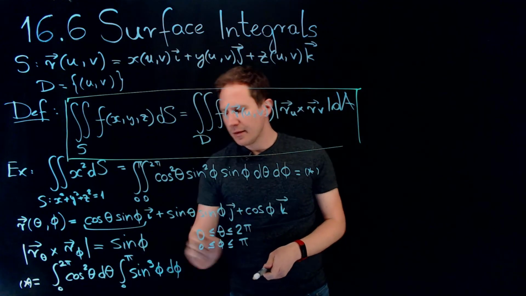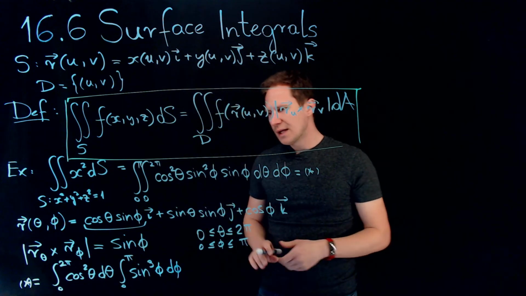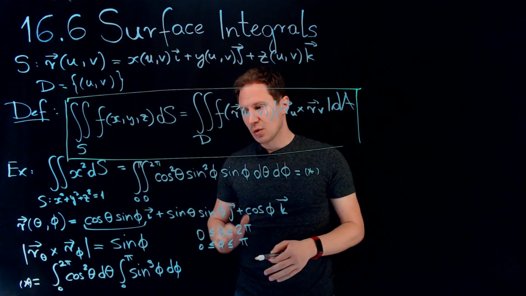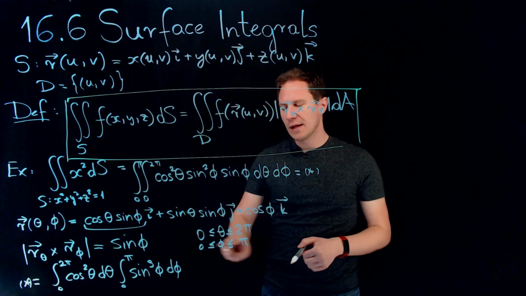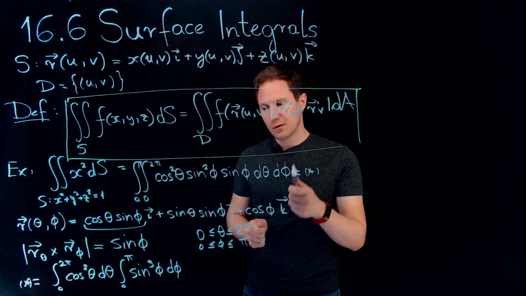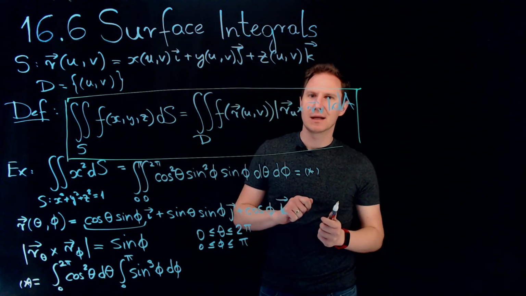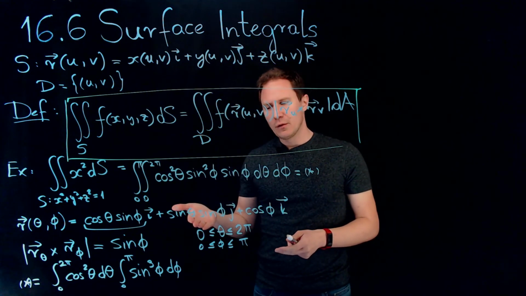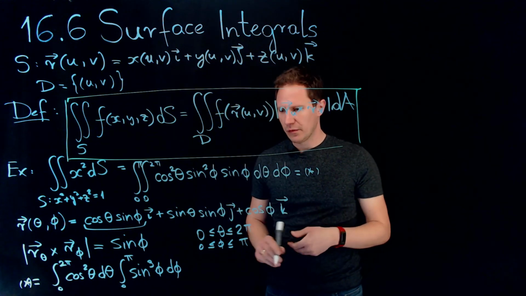Now these functions can be integrated via the usual tricks. The cosine squared of theta can be written as 1/2 times 1 plus the cosine of 2 theta. The sine cubed of phi can be written as the sine of phi times the sine squared of phi. The sine squared factor can be written as 1 minus the cosine squared of phi, and then expanding that gives you the sine of phi minus the sine of phi times the cosine squared of phi.